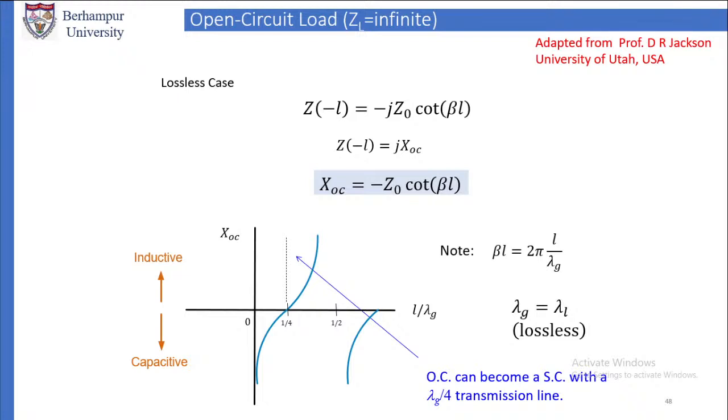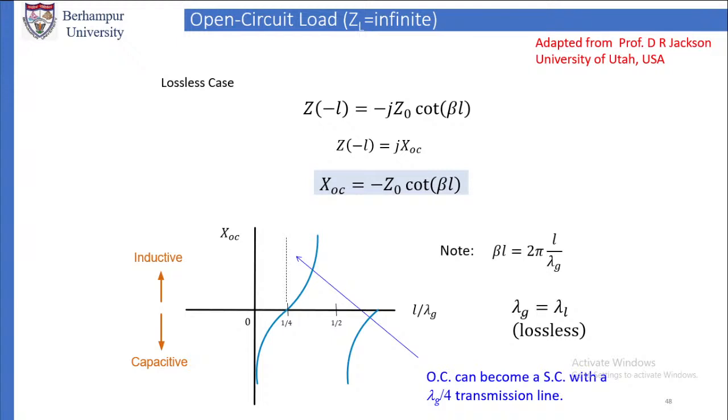Why? Beta L is equal to 2 pi into 1 by 4, which is pi by 2. Cot pi by 2 is 0. Therefore XOC is equal to 0, so it is short circuited.